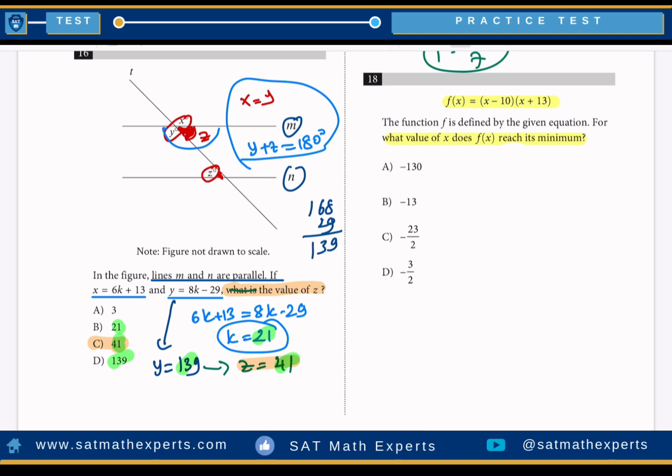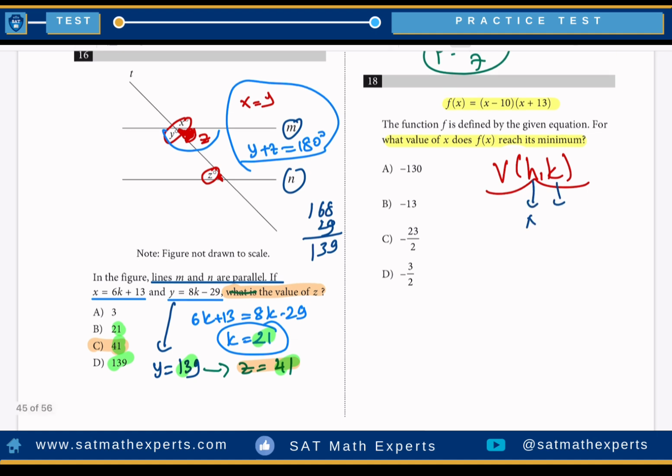Okay? The vertex, which is (h, k). In the vertex, h is my x-axis value and k is the y-axis value. So the minimum value or maximum value will always be the value of y, which is k. I am interested in the k value.